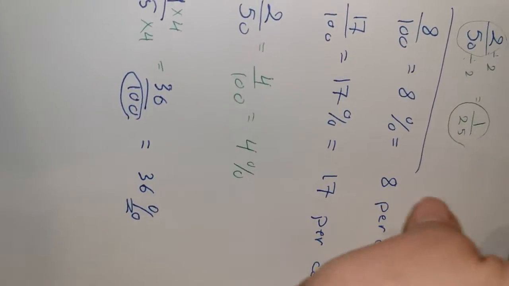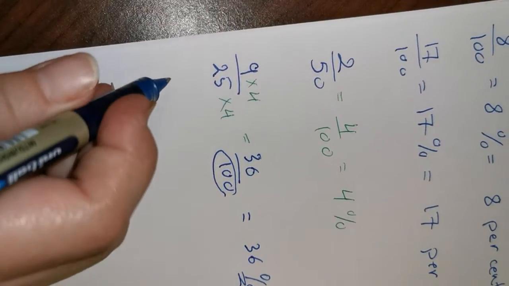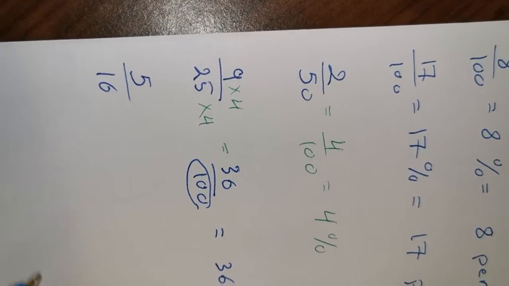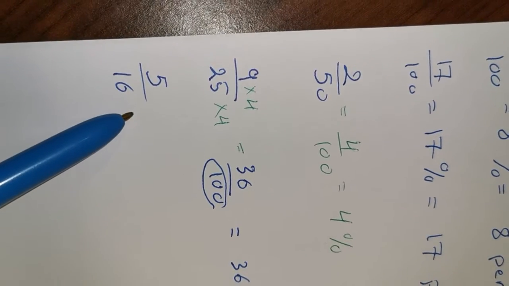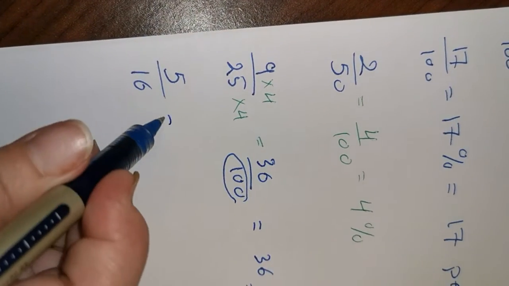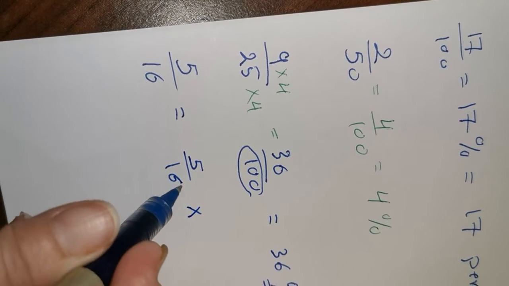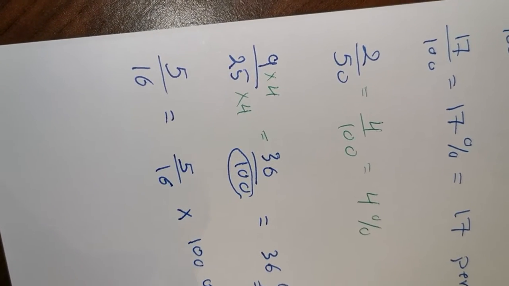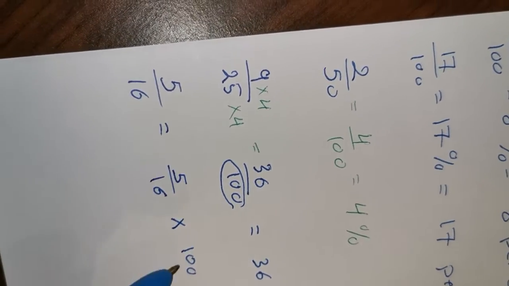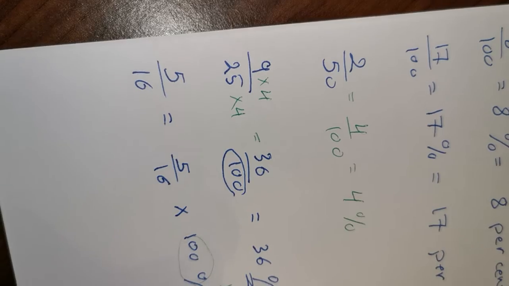What if you have a fraction like 5/16? You can't find a number that you will multiply by 16 to get 100. So you can use a calculator. You will need to write 5/16 times 100%. Why? You will not change the value, you just change the shape, because 100% means 100/100.